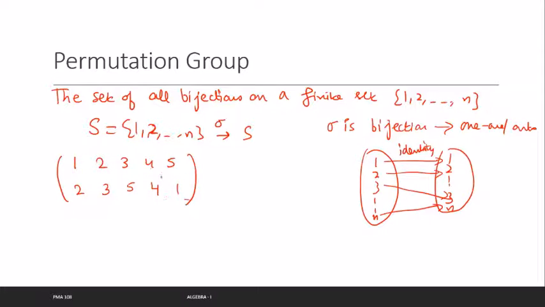So what you have essentially done is just permuted these elements. So that is why this particular thing is known as a permutation. And the set of all these kind of permutations will be called a permutation group. Is the definition clear to everyone?